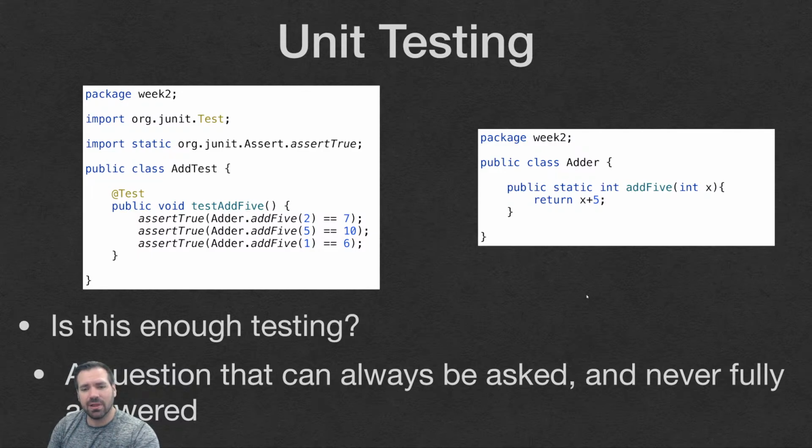So our original question of the lecture is, how do we know if our code is correct? How do you know your code's correct? Well, I'm going to make an automated test suite using JUnit and run it, and if it passes that test class, then I feel like it's correct.